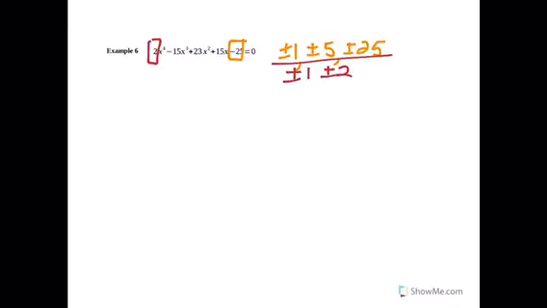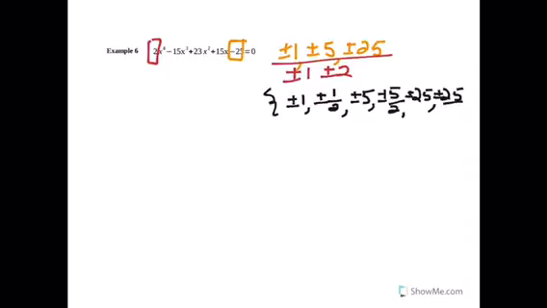So my choices for factors are going to be 1, 1/2, 5, 5/2, 25, and plus or minus 25/2. Okay, it's going to seem like I'm an amazing guesser, but I pre-worked these, so let's use 5/2 as my root.